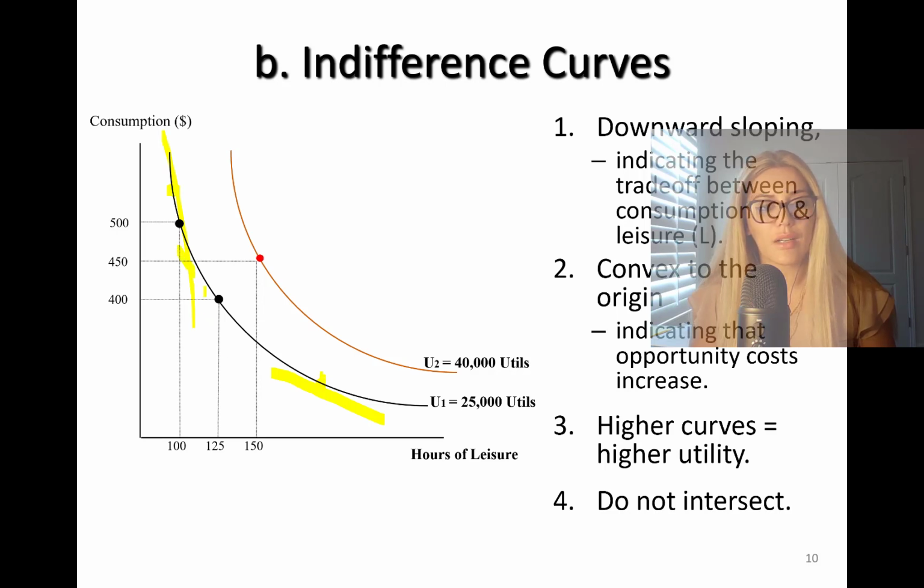Another point, I'm drawing another line here. Oh, sorry, tangent line. Tangent means touching at that point. So let's do a different color. Okay. So slope of this green line will give us the slope of the indifference curve at this point B. This is, let's say, point F. Slope of this line that is tangent to the indifference curve will give you the slope of the indifference curve at point F. And at this point A, slope of this tangent at this point will give you the slope of the indifference curve.